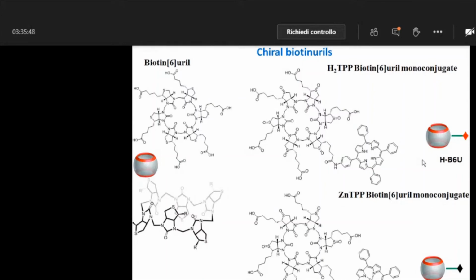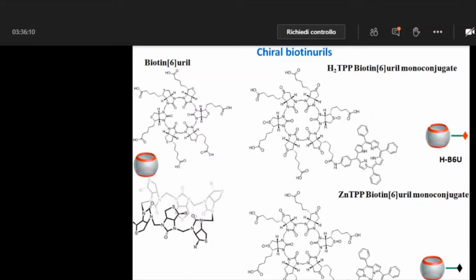We will see how we have used these molecules. To start with, we studied biotin uril molecules in combination with supramolecular helices, and we had some results. In order to confirm those results, we had to go for the monoconjugate molecules. We will see those studies one by one.